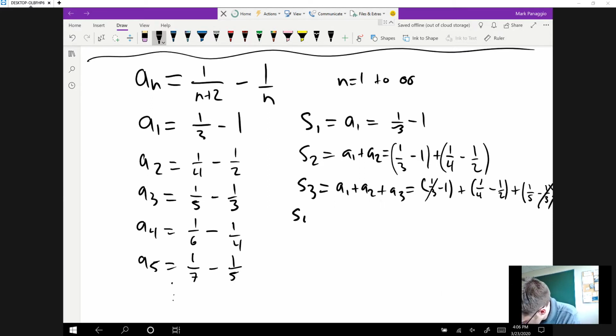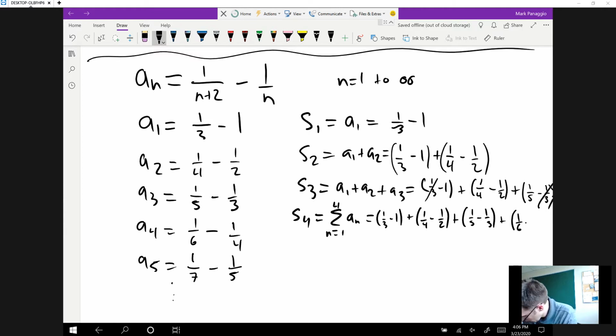All right, so we'll keep going. So the next one's going to be the sum of an up to 4. And so we'll have 1/3 minus 1 plus 1/4 minus 1/2 plus 1/5 minus 1/3 plus 1/6 minus 1/4.